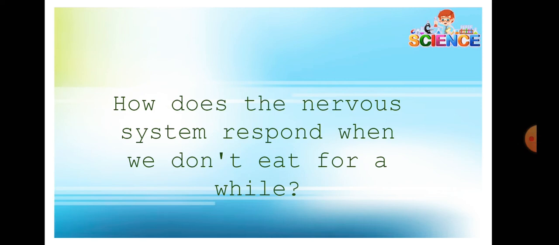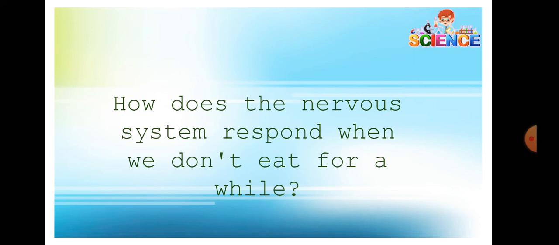What happens if we don't eat for a long time? The glucose level will drop down. When the glucose level drops down, you will have less energy in your body. But when you eat something, the glucose level goes up and you are packed up with energy.